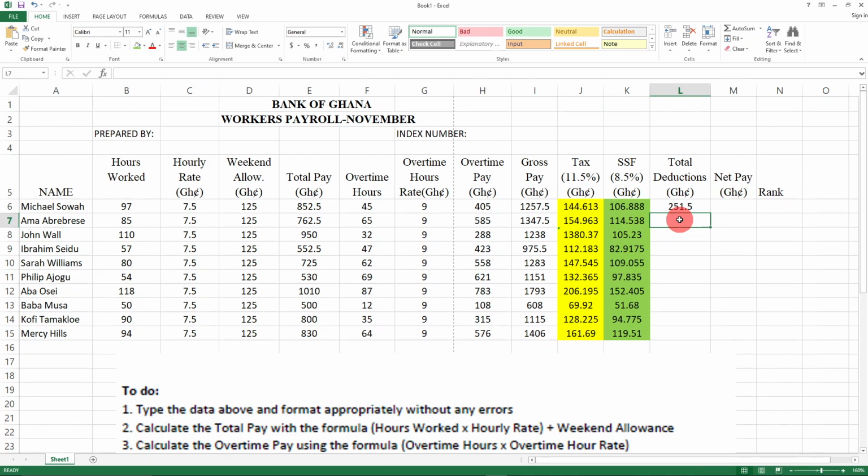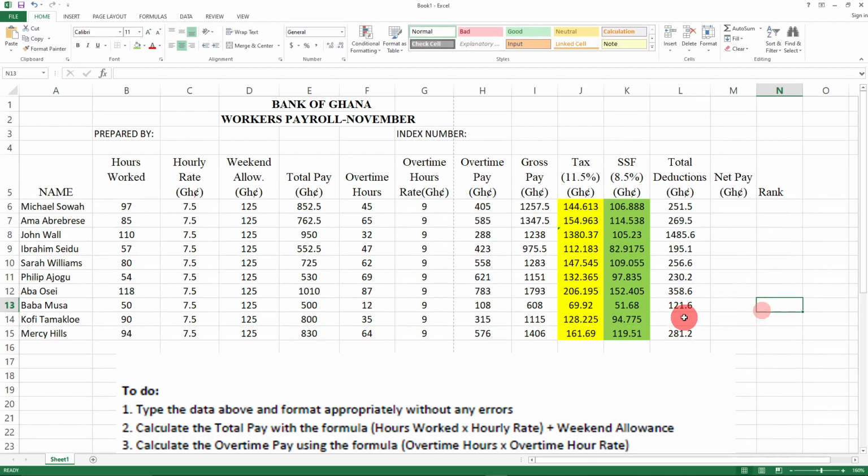269.5. It's the same thing, equals to sum, and then we add J7 plus K7 for Amma Abebrese. So you can do that. I'm dragging it too, but don't drag it. This is 233.